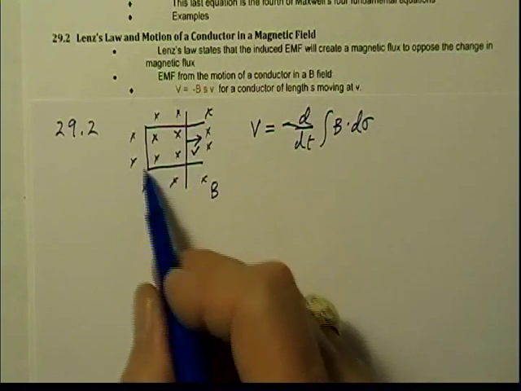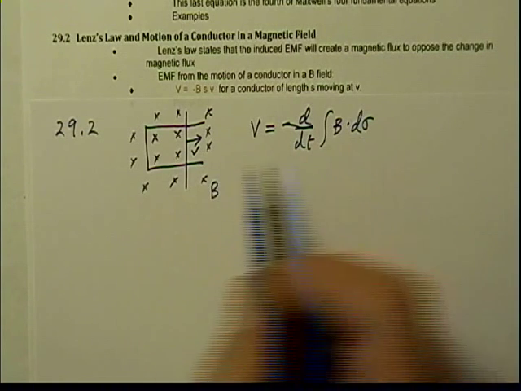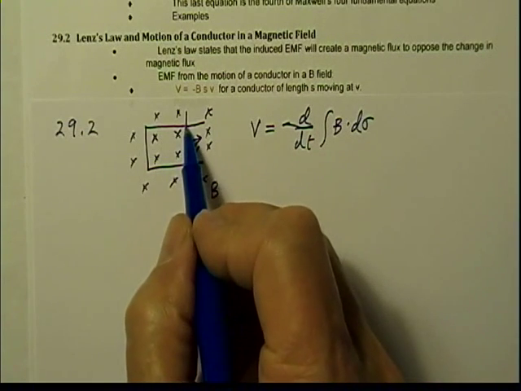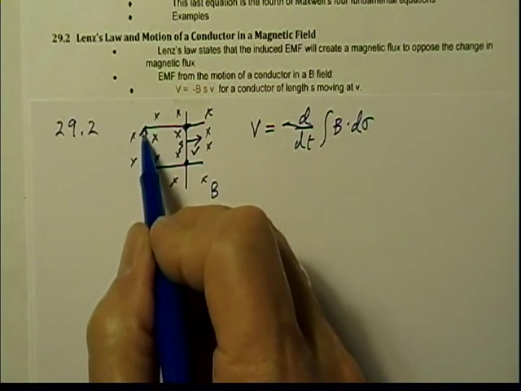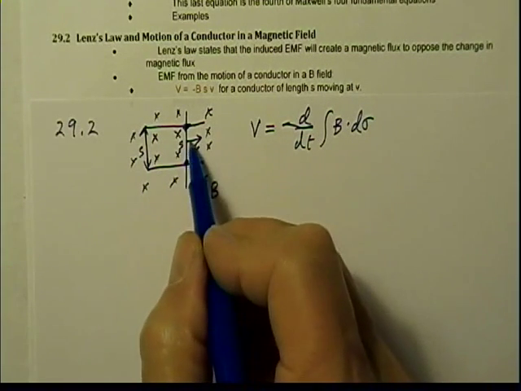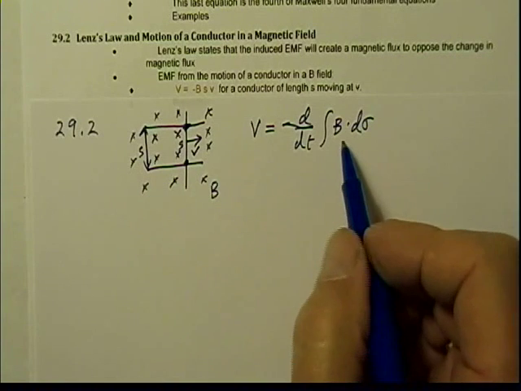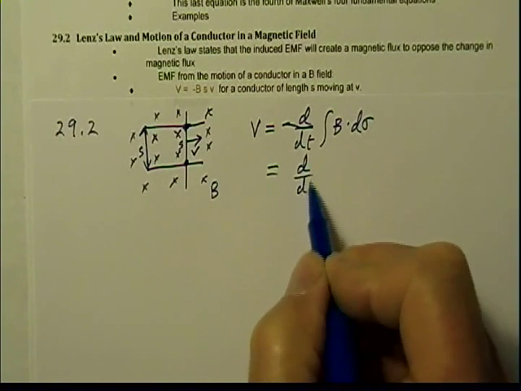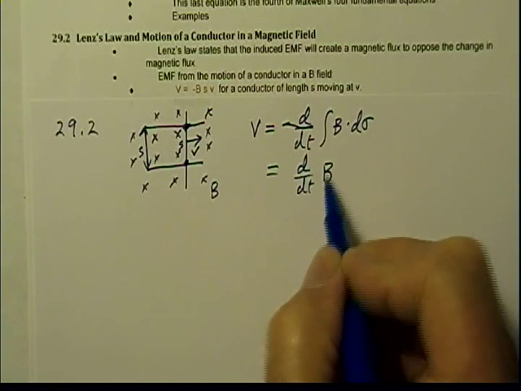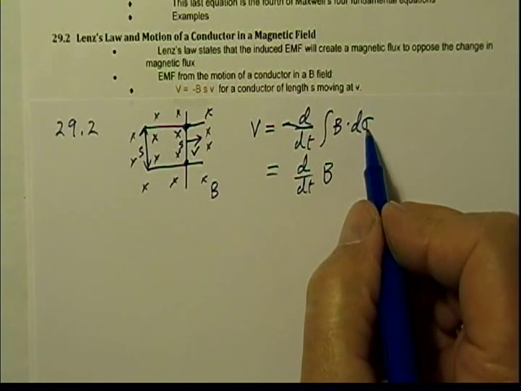Well, B is constant throughout this whole region, and let's say this bar has a length S, so this distance here is S, and it's going to move with a velocity V. So we can write this as d by dt of a constant magnetic field B times the area that's inside.